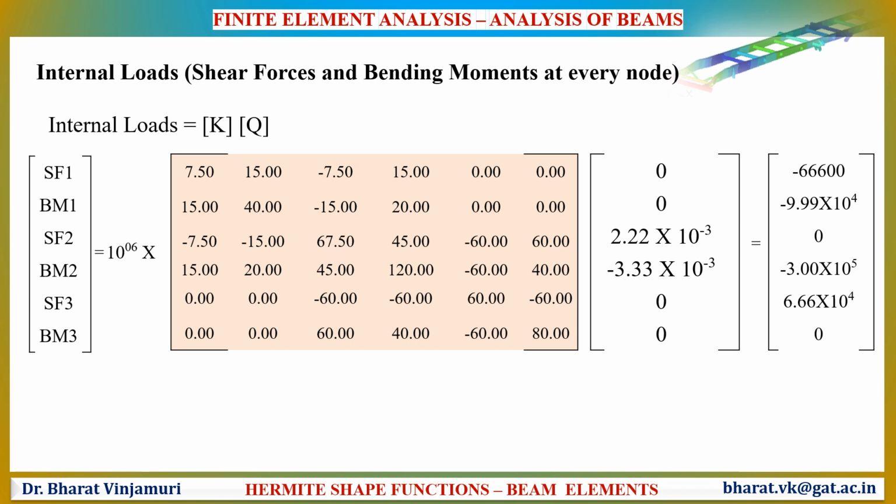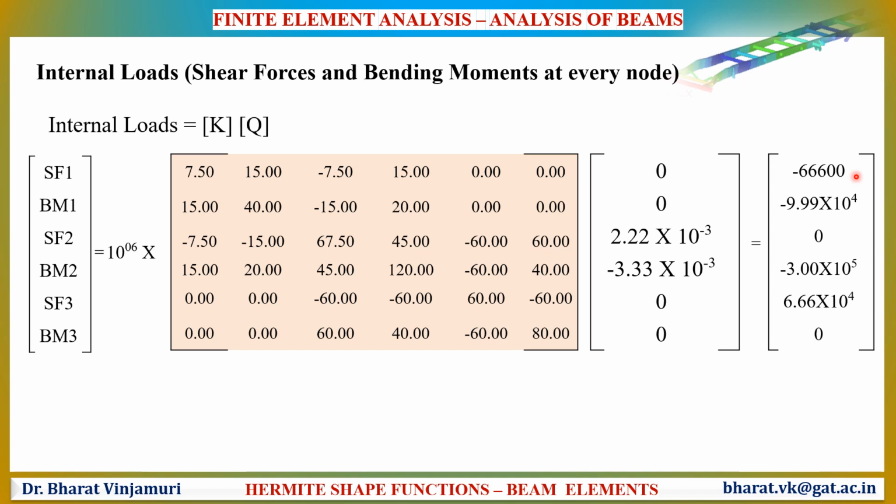In this numerical, even the internal loads will be found by using the equation K multiplied by Q. Once the stiffness matrix is multiplied with the displacement vector, we will be obtaining the values of the internal forces. The first one represents F1, the internal force applied at node 1.